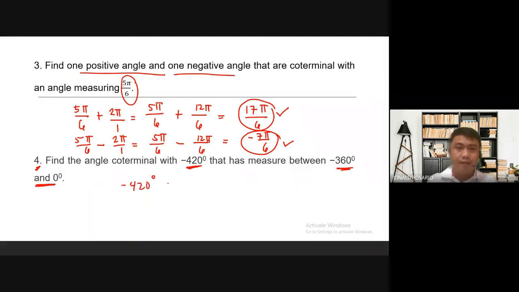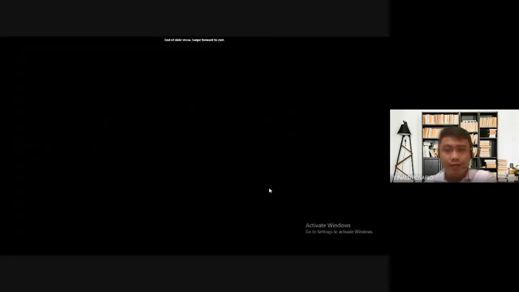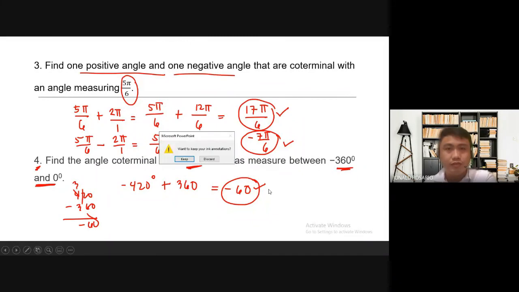Mag-minus lang tayo ng 360. Copy the sign of the bigger, which is negative. So, 360 minus 40 is negative 60. The answer is negative 60. That's it. Yun lang po ang ating topic today.